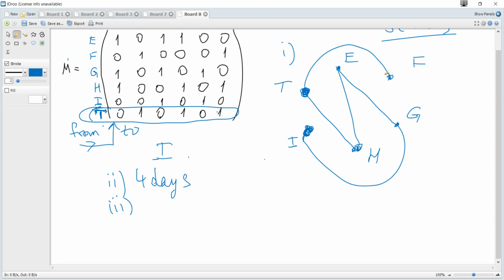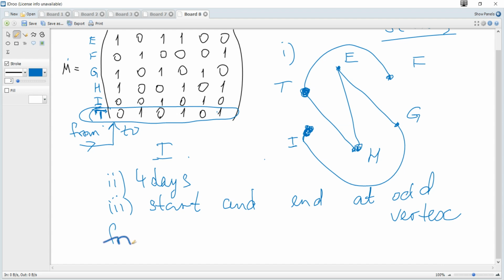You can see the odd degree vertices are F and I. So we need to start and end at the odd vertices, hence from I to F, or from F to I.